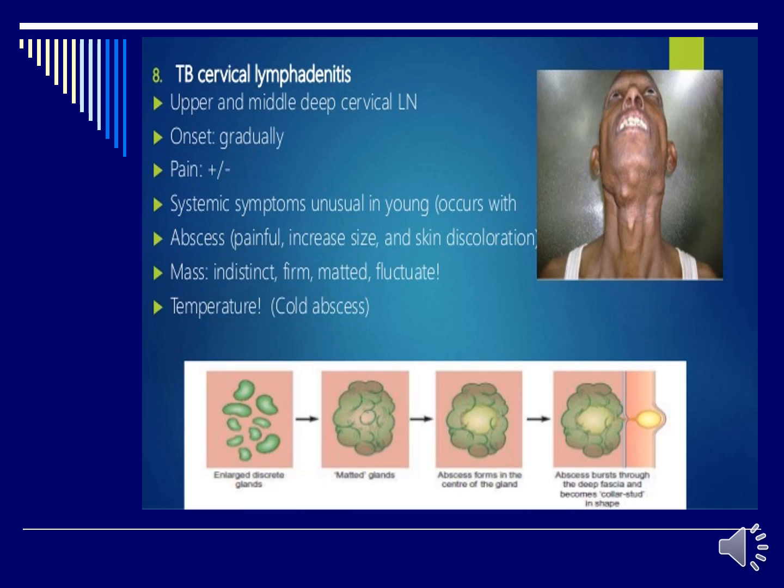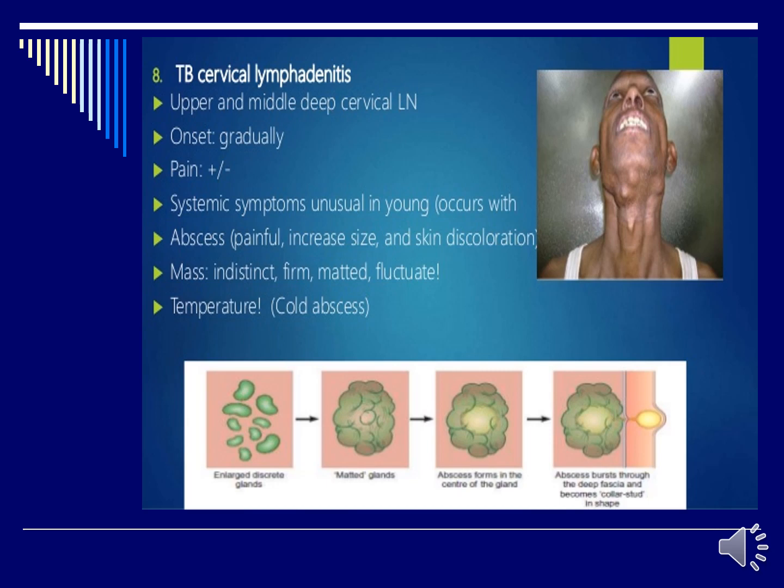Firm, matted, and fluctuant. Lymphoma has multiple discrete nodes but not matted. See this difference between the lymph nodes of tuberculosis and lymphoma. Lymphoma is lobulated, multiple but not matted.